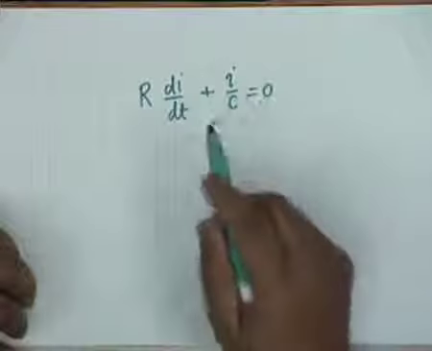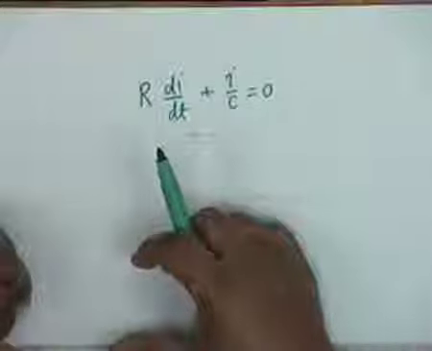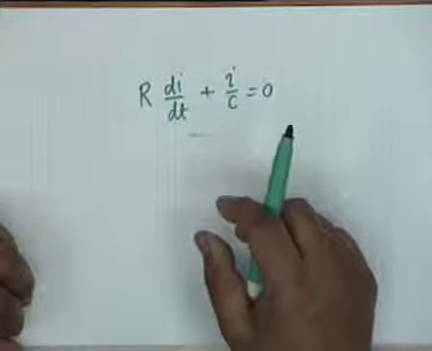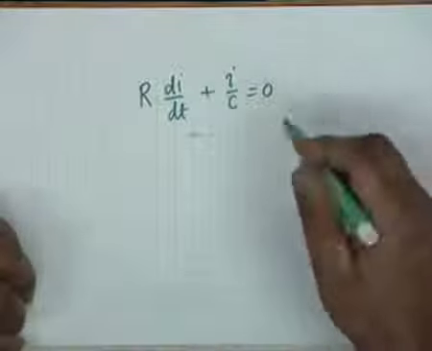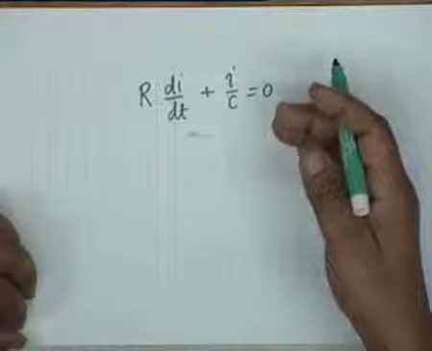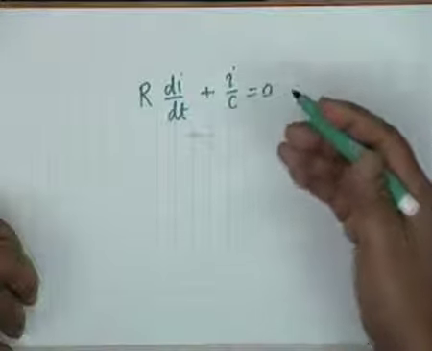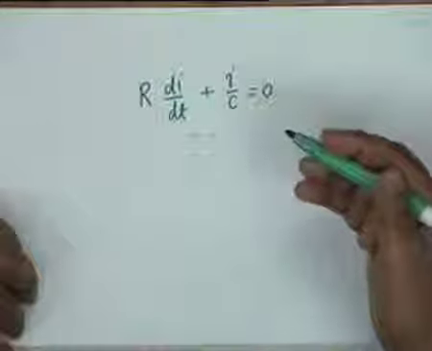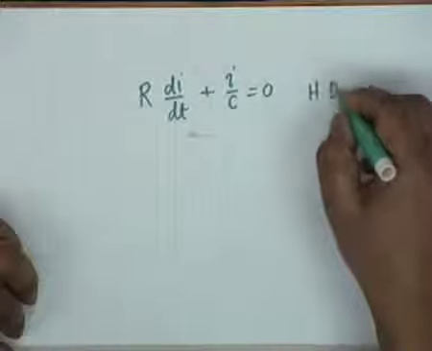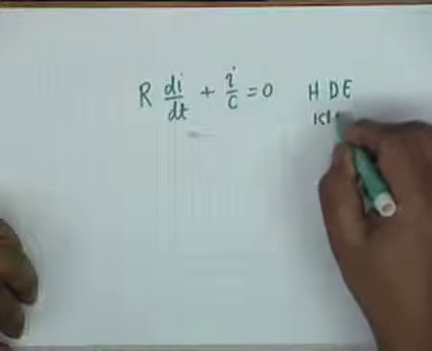Now the right hand side of this equation is 0, which means that this is a homogeneous differential equation. There is no forcing term. Well, there cannot be a forcing term because we are investigating natural response. It's quite logical that our right hand side is 0, that this is a first order homogeneous differential equation.